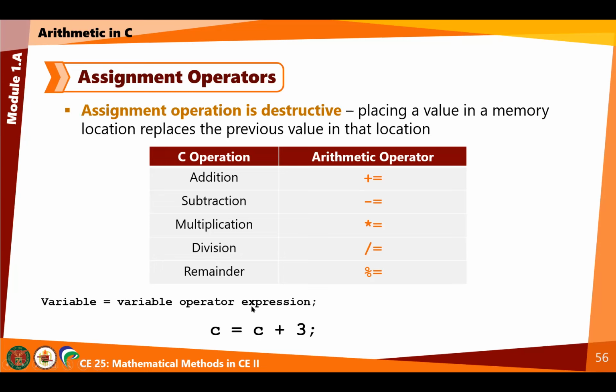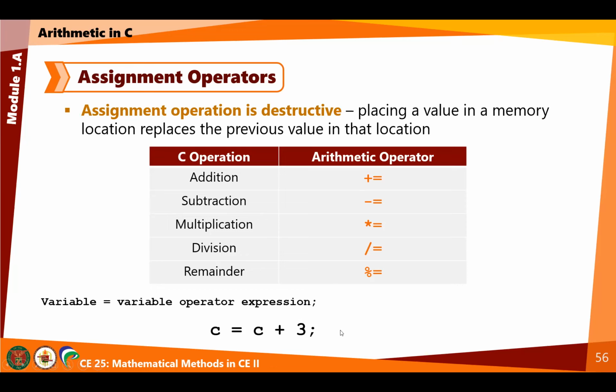So it's not like math, right? This is an assignment. So that means, after this line, c equals c plus 3, you add 3 to the current value of c. And then after this line, the value of c is now c plus 3.